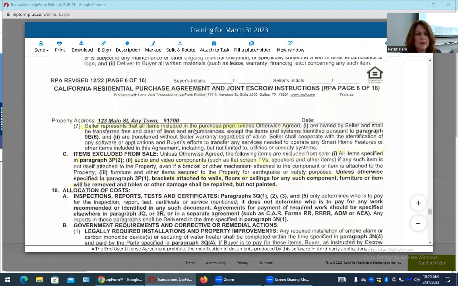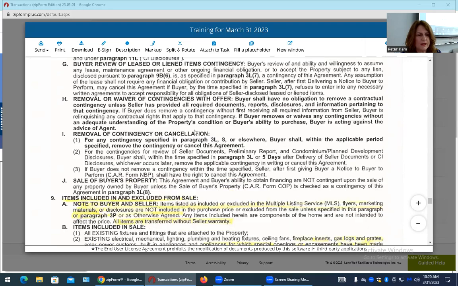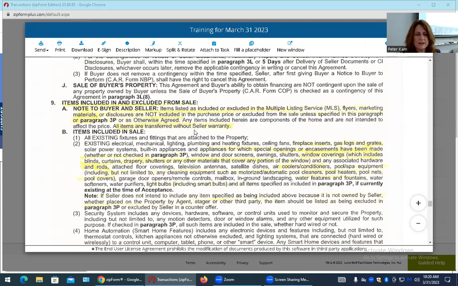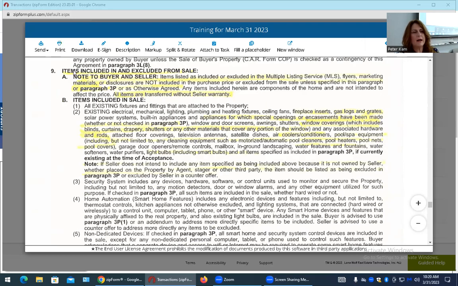Now I'm going to go up because I've mentioned quite a few times, we're in 3 sections here about items included and excluded from the sale in the residential purchase agreement. It's quite extensive, the items included in 9B.